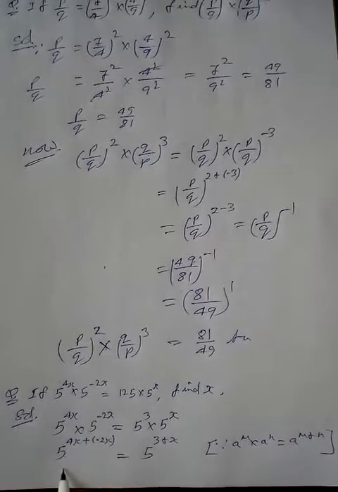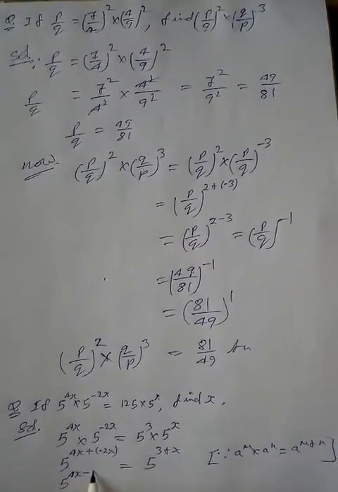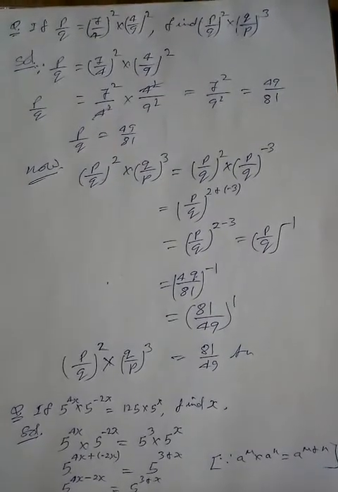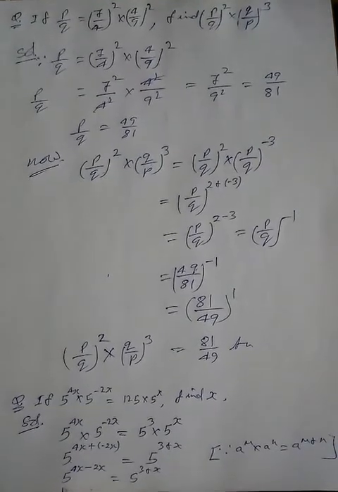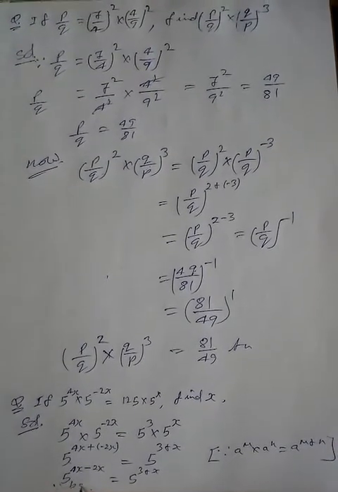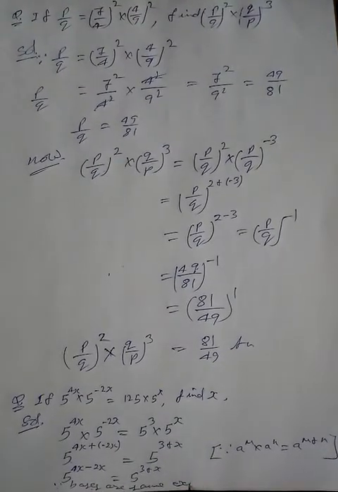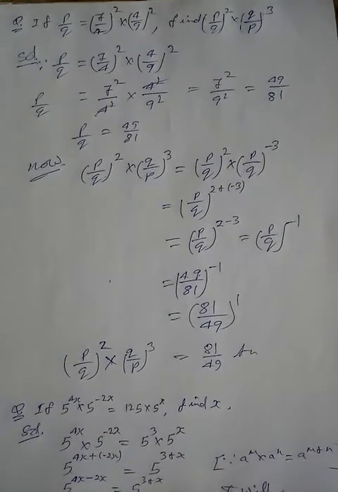So it becomes 5 raised to power 4x minus 2x equals 5 raised to power 3 plus x. Now since bases are same, exponents will be equal.